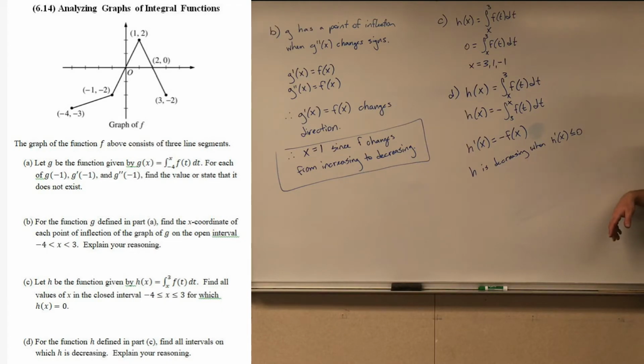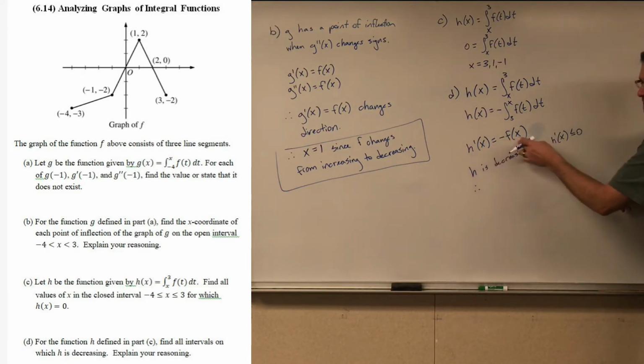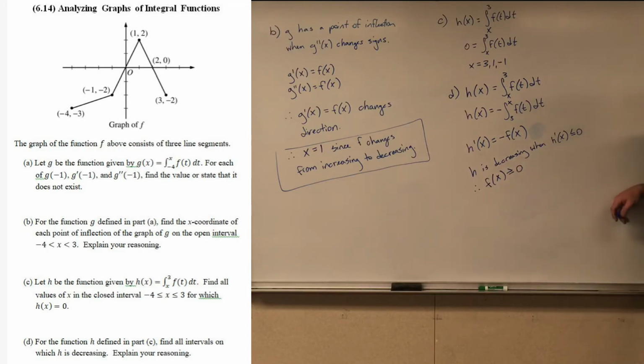Okay, so h is decreasing when h prime is negative. Well, when is h prime negative? Which would imply that f is positive. Yeah, because you can have a function that's doing this if you're going to say increasing.